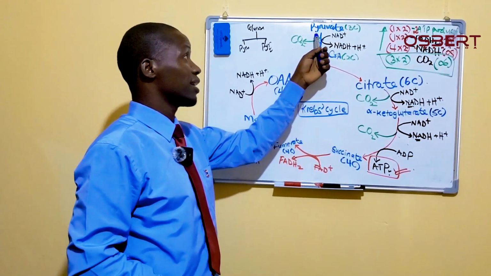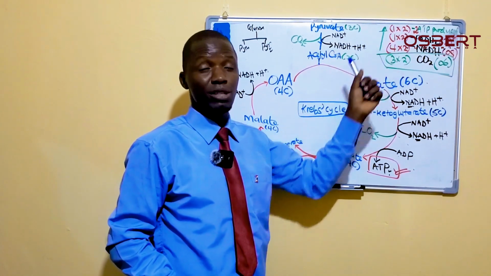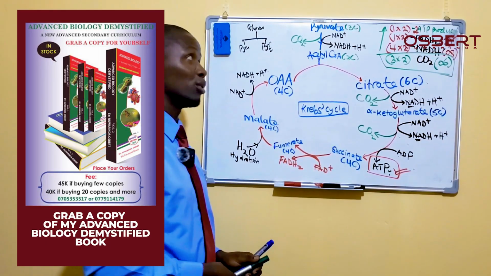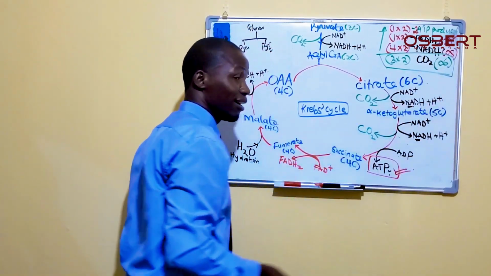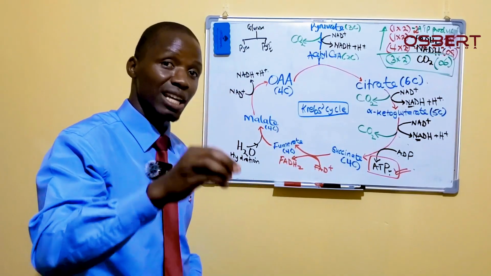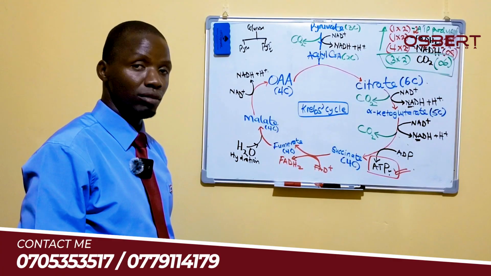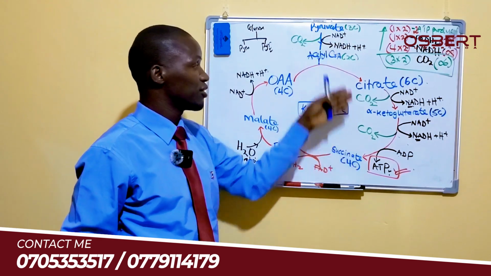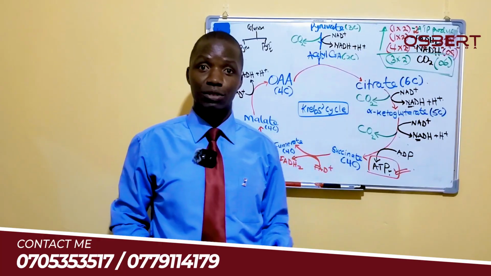Yes, the Krebs cycle directly produces 2 ATPs, but indirectly there are very many other ATP molecules that it gives us, because of these 8 NADH and 2 FADH2 molecules, when they go to the electron transport chain, as we are going to see together. Am I understood? Hope we are together. So this is our Krebs cycle, and those are the products of the Krebs cycle.